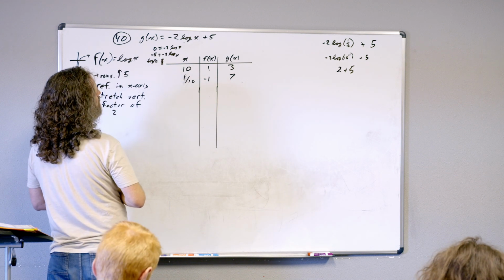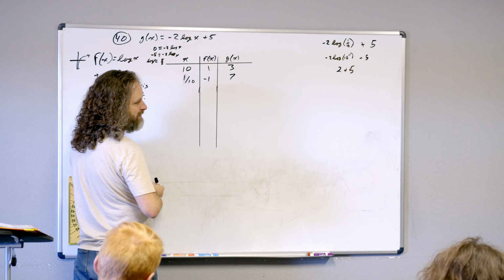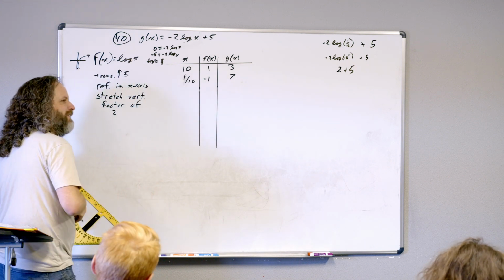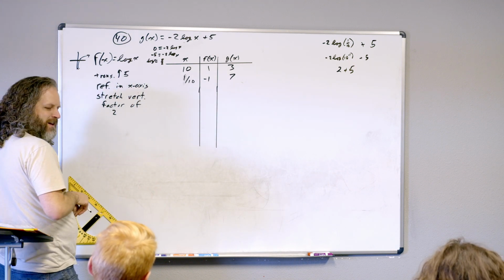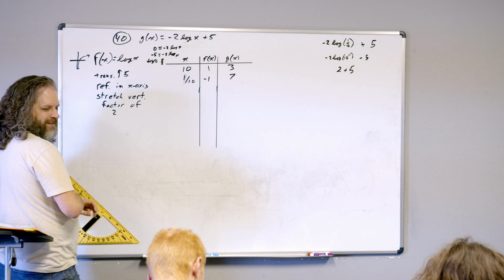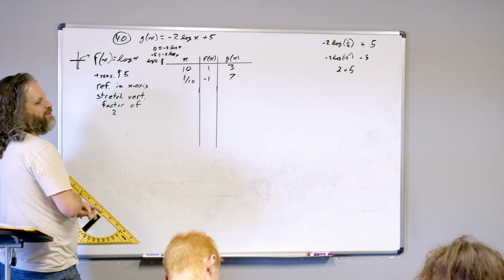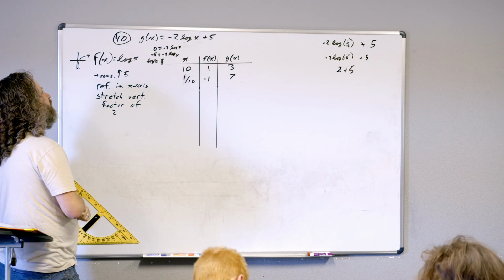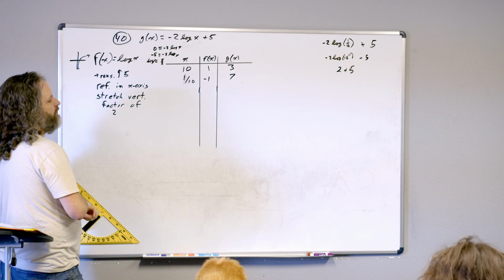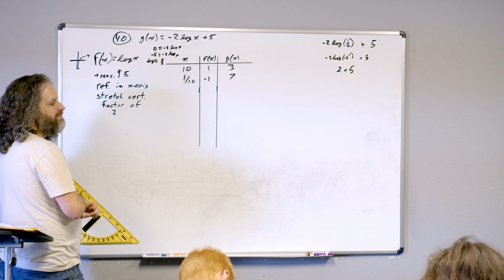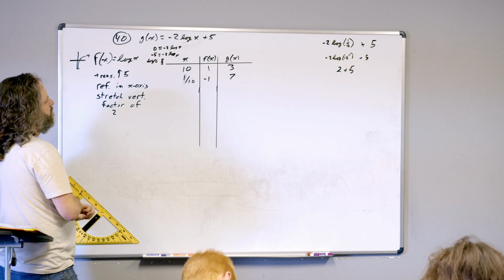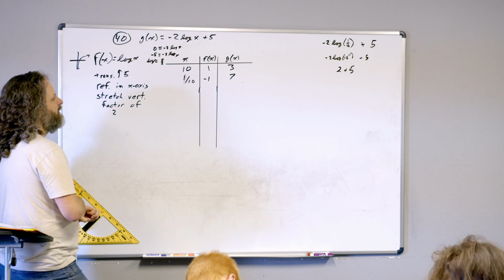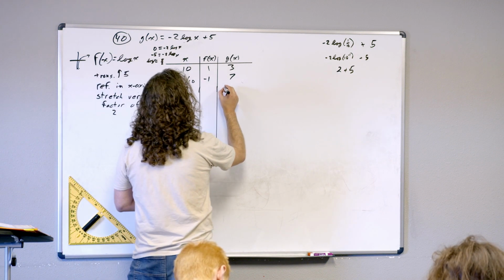So x is 10 to the 5 halves, which would be the square root of 10 to the 5th. What is 10 to the 5th? Somebody punch that for me. It might have a square root, or it's going to give us a decimal. Who knows? We're about to find out. Square root of 100,000? Yep. 316.22776. Sounds good.